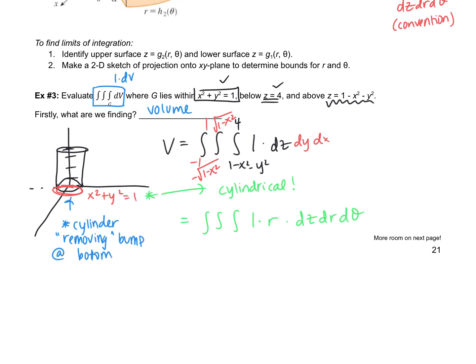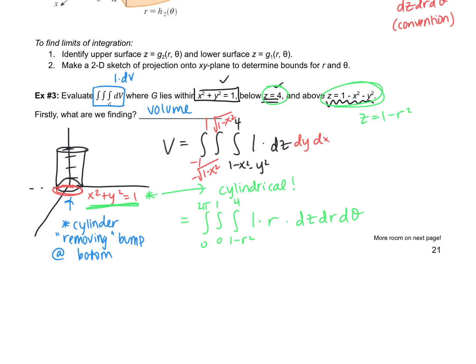So now z is again going from this hemisphere up to z equals 4. The hemisphere, though, we're going to need to write in cylindrical. So our limits for z now are 1 minus r squared up to 4. And now we're looking at that circle, so my radius goes from 0 to 1, and then theta goes from 0 to 2 pi.